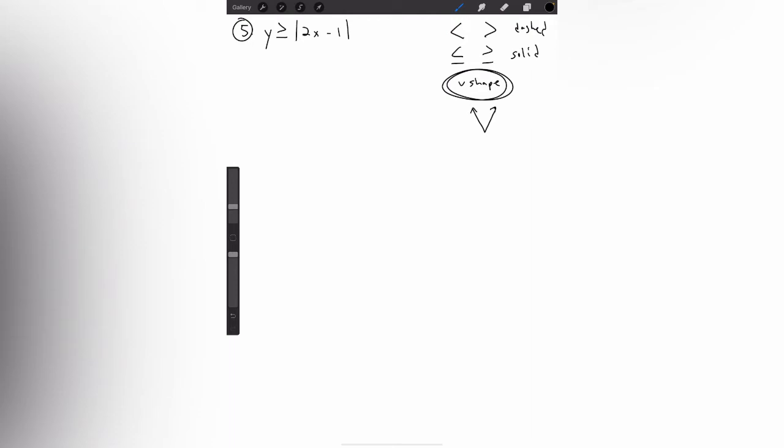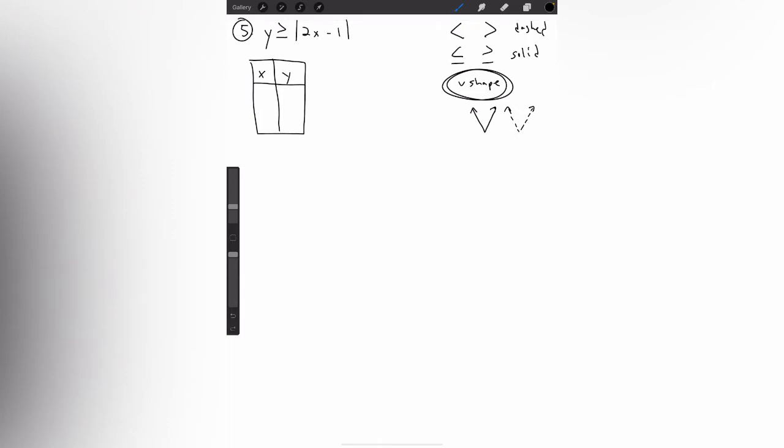And remember, this would be the other version of it if it was a dashed line. But we know we're going to get a V shape. If we don't get a V shape, that's because you've messed up somewhere, plain and simple. Okay, so we're going to go ahead and do that. Let's see what we get. I might have to add some values down here below, but we'll see.